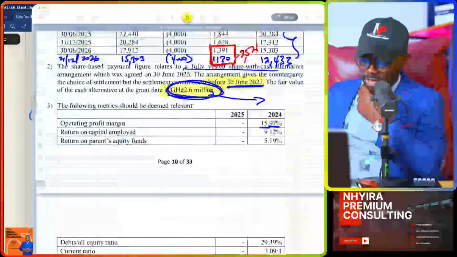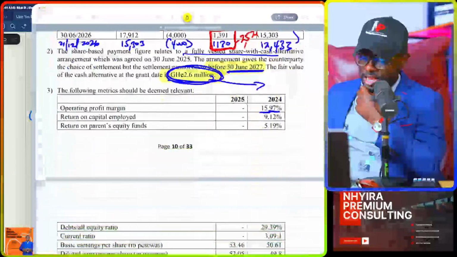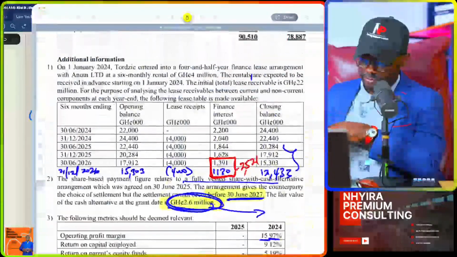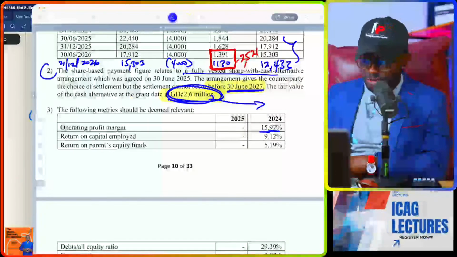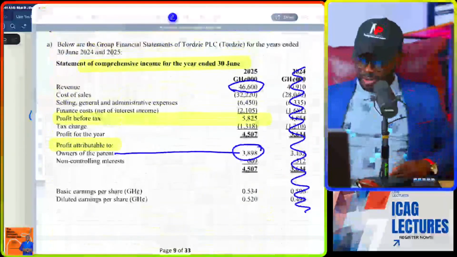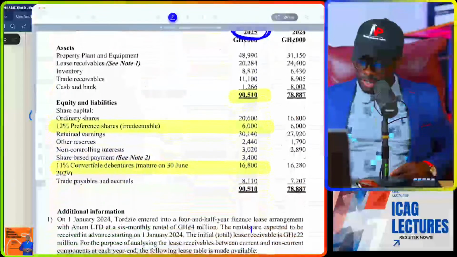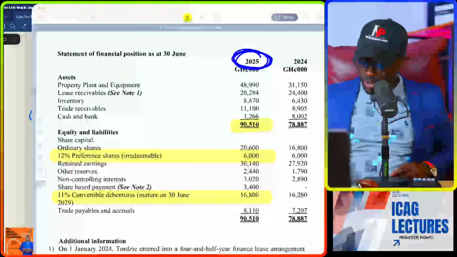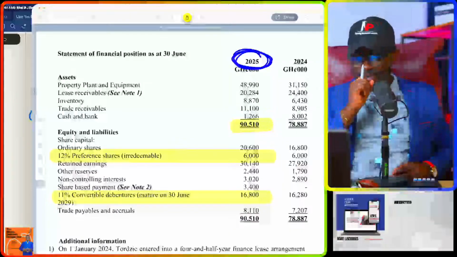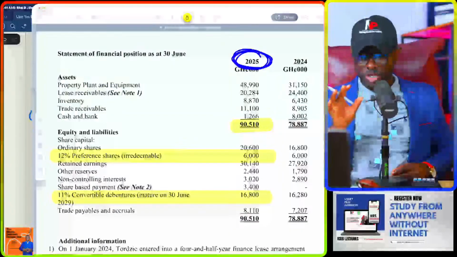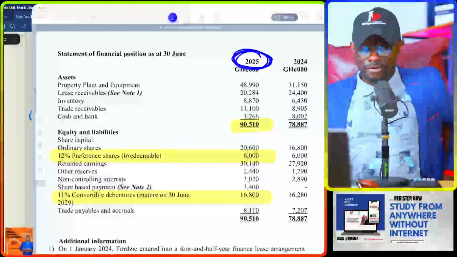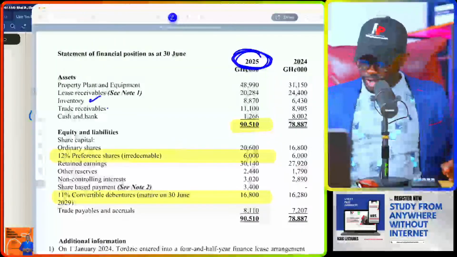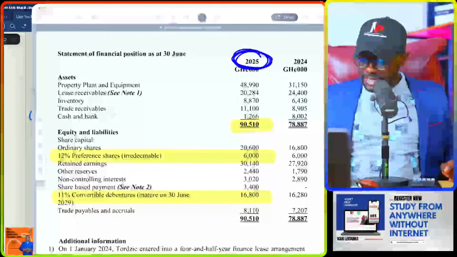So we go back. Now, that's the final one, and you realize that we've been referenced to note 2 already. If we go into the statement of financial position, we need current assets. Current assets are made up of inventory, receivables, cash and bank.